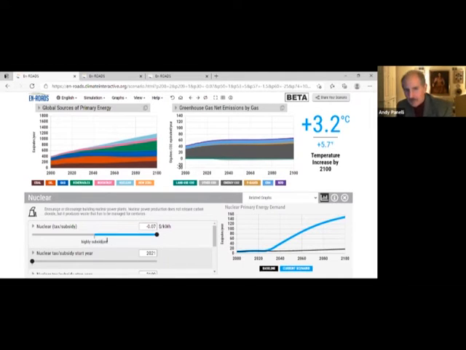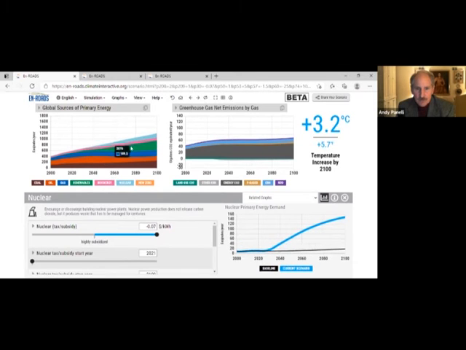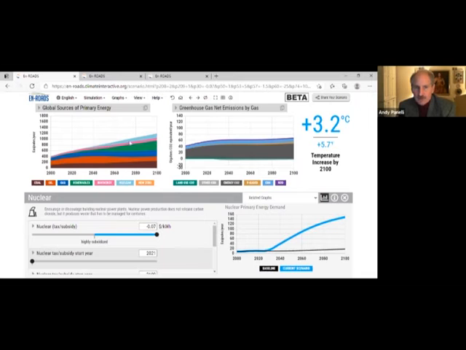Now, the problem with nuclear is, watch what happens when I play this back. When are we having an impact on these other fuel sources? Before 2040. It's really after 2040, isn't it?